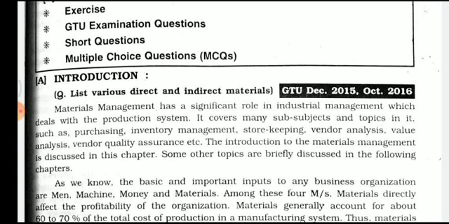Simply said, first list out the various types of direct and indirect materials.